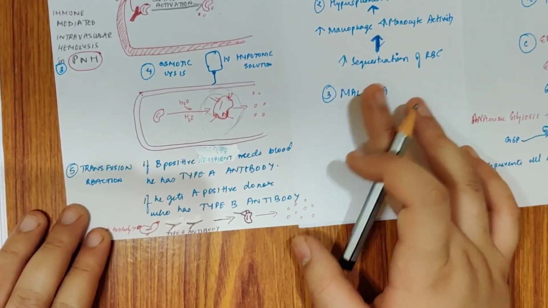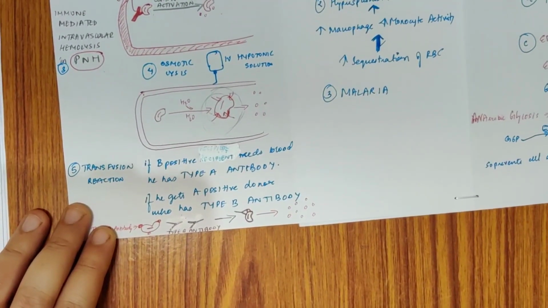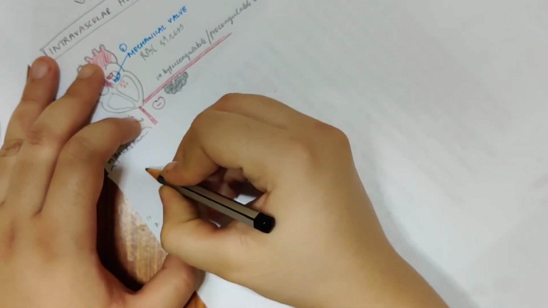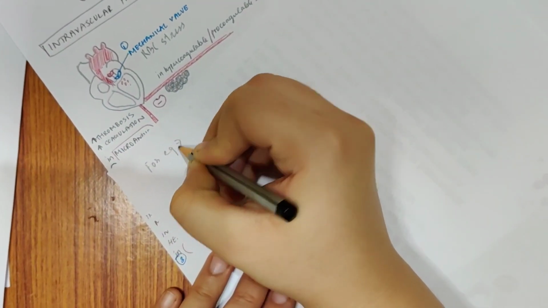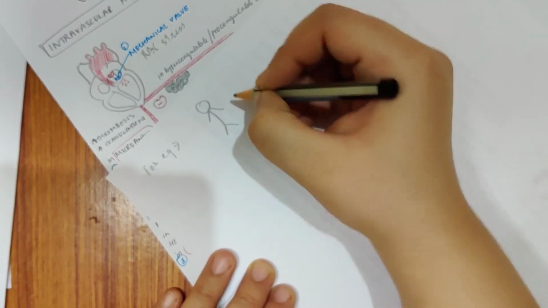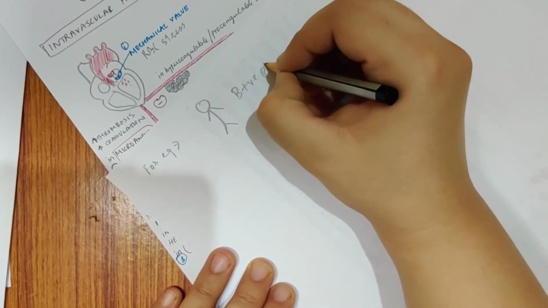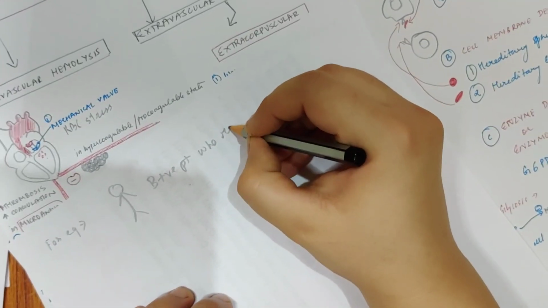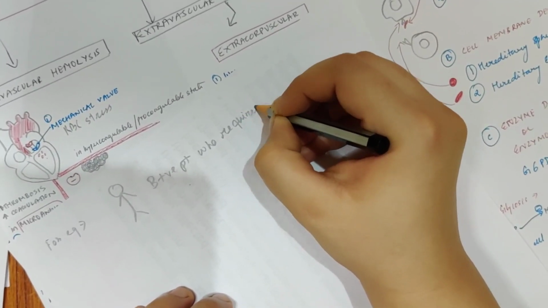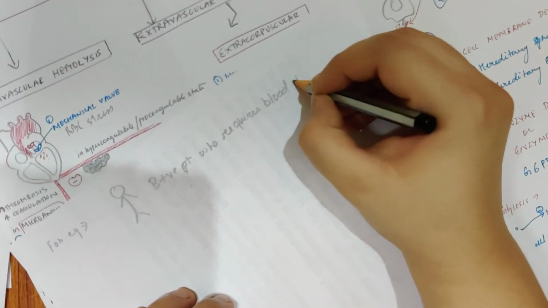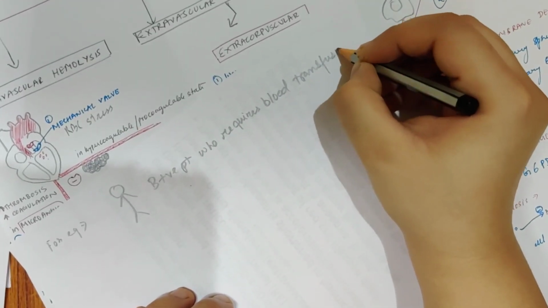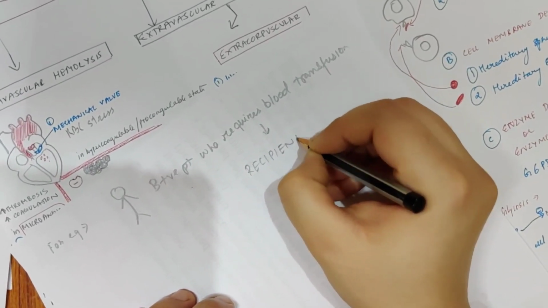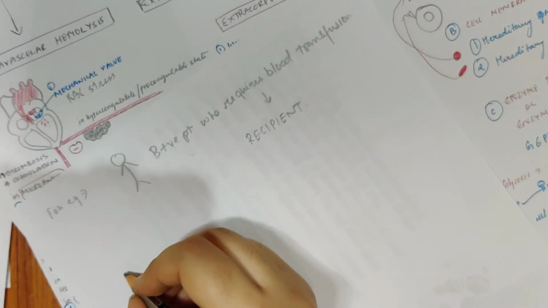Again, there is the transfusion reaction. I'll draw this to explain it much better. For example, this person is a B positive patient. This patient who requires blood transfusion is known as the recipient.